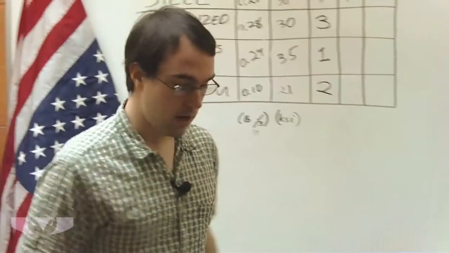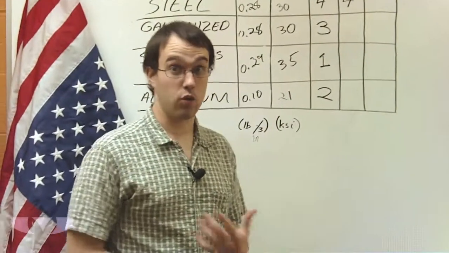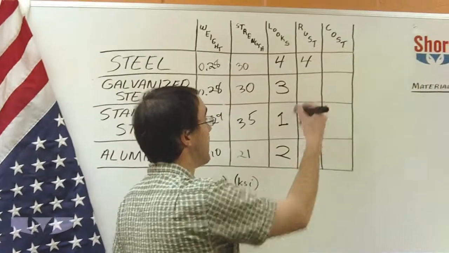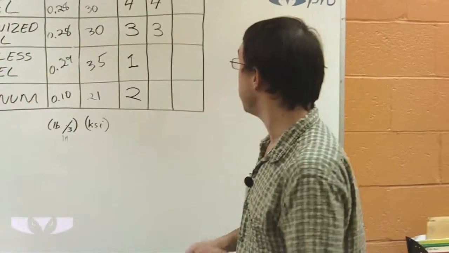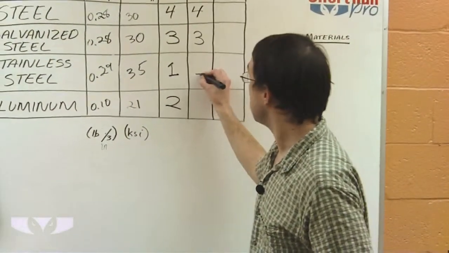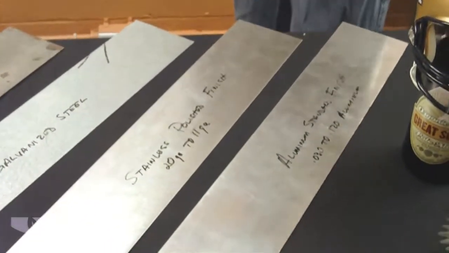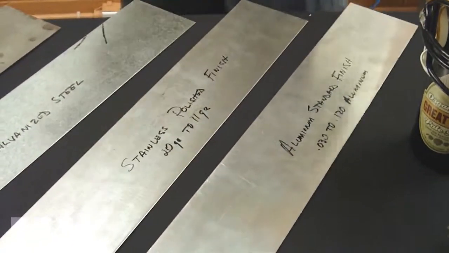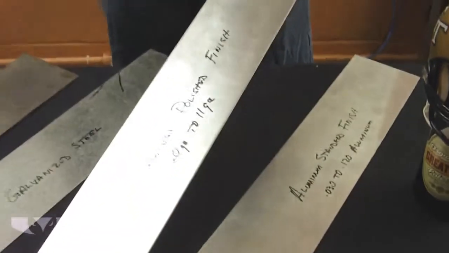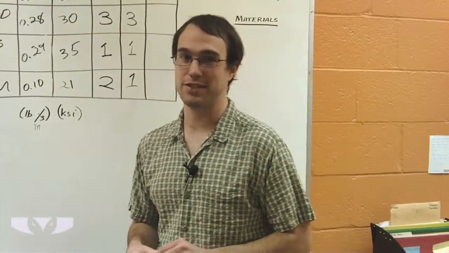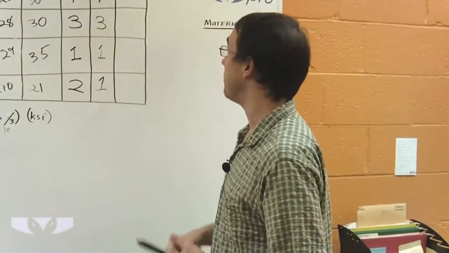So it's not as good at corrosion resistance as these next two. They're both going to be number one for corrosion resistance because they don't corrode. It's not in their material properties to form rust.